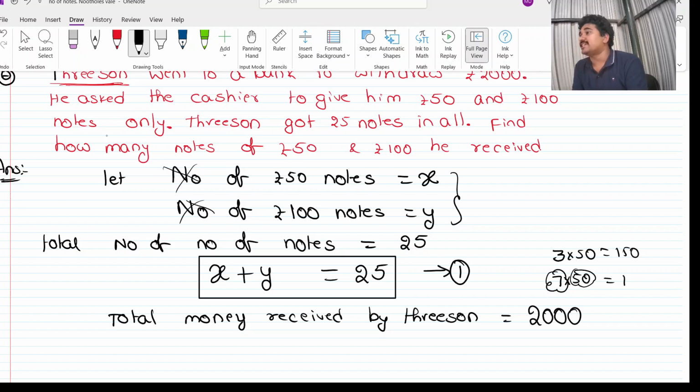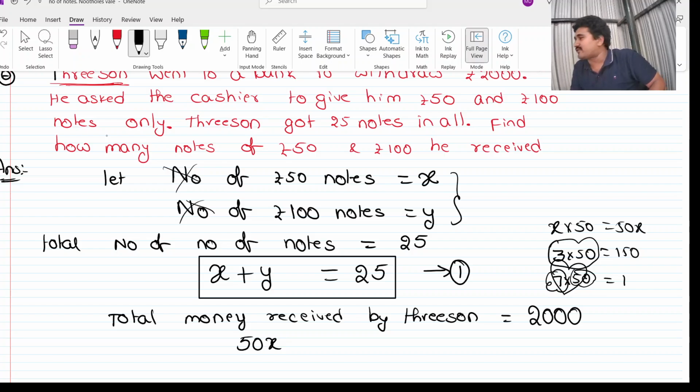If X fifty rupee notes are there, how much value came from the 50 rupee notes? 50 into X. 3 into 50, 7 into 50, like that X notes, X into 50, nothing but 50X.